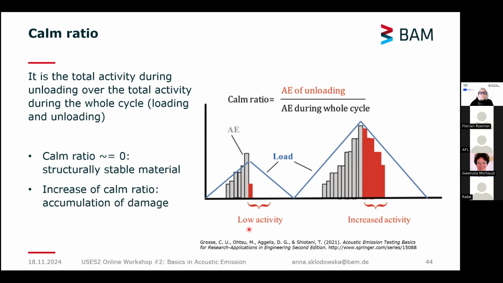However, with the increase of the calm ratio, we have the accumulation of damage. In short, and I will not go into much detail, the combination of the calm ratio and felicity ratio gives us an evaluation of the material condition, because we start to see what's happening during the unloading phase and loading again, and if the activity is higher, it means that there is a degradation of the material.